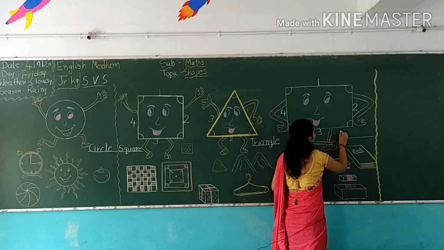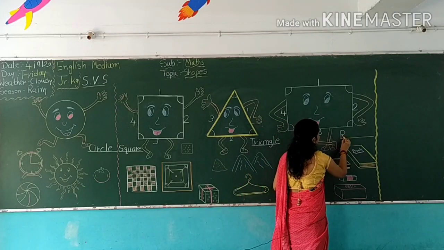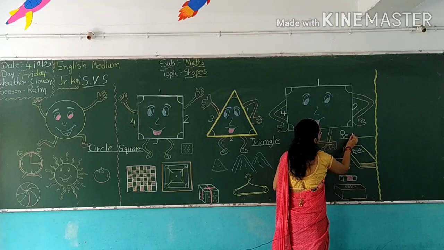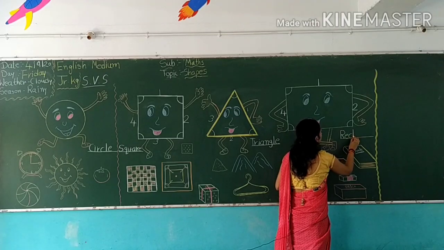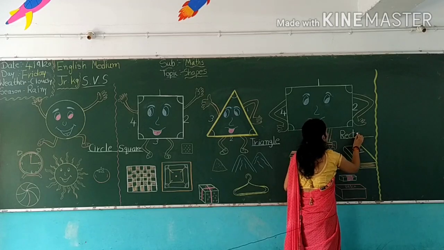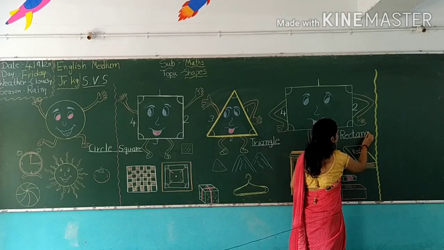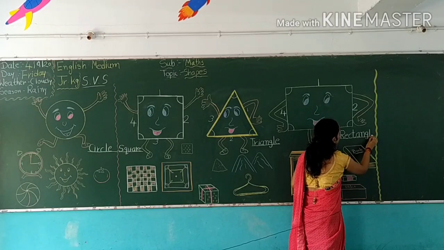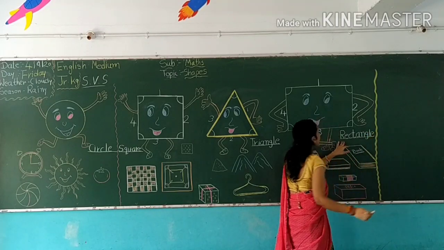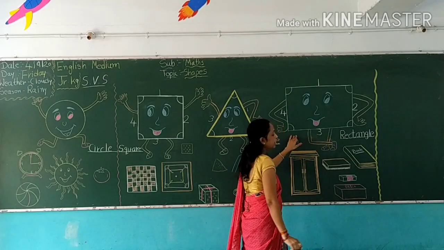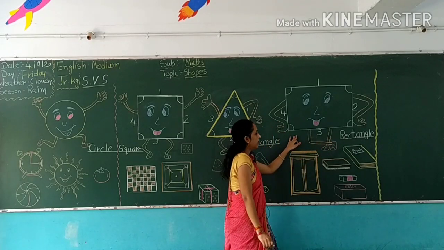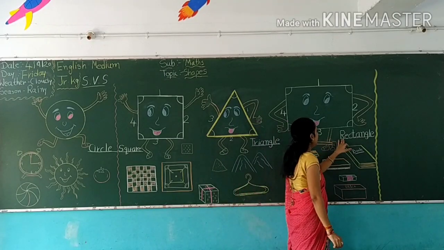So write here R E C T A N G L E. Rectangle. Which shape is this? This is a rectangle. Repeat with me again one more time.